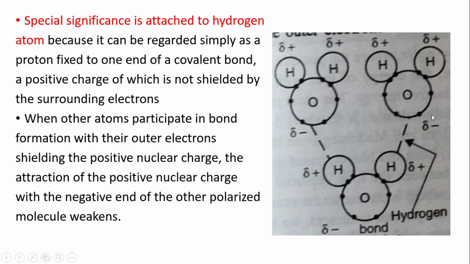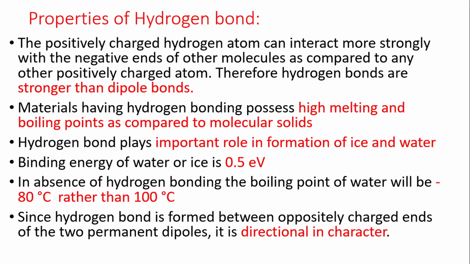Now let us study the properties of hydrogen bond. The significance is to the hydrogen atom: since the hydrogen side is without the shielding of electrons, it is a strong, pure positive charge.